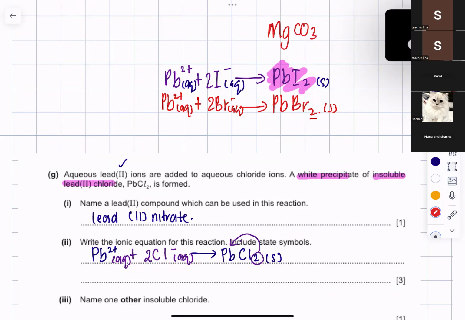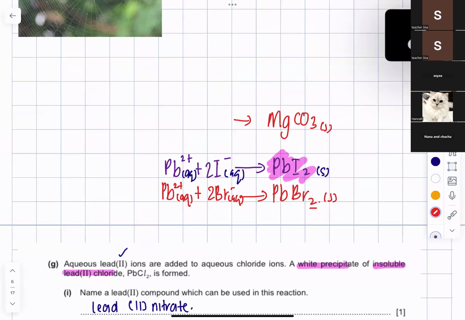Chacha. Yes. The magnesium carbonate. So this one is solid. So what is the ionic equation? So magnesium, what's the charge? Chacha. Mg2+. Yeah.